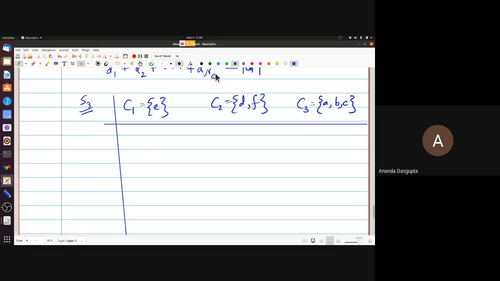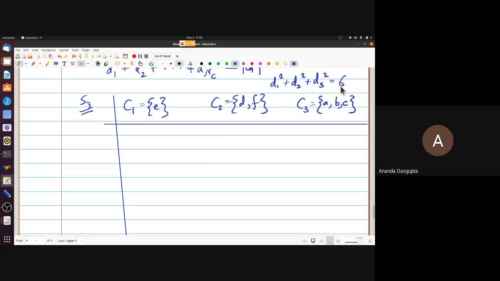And what do I know about the irrep sizes? Well, d1 square plus d2 square plus d3 square. How much must that be? 6. Good.